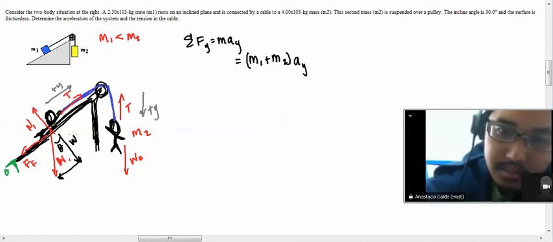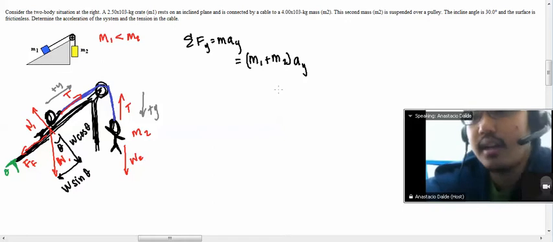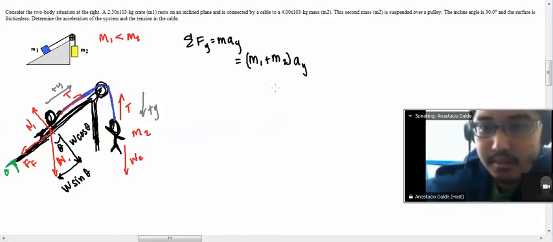Alright, so this would be weight cosine or sine? There we go. And this is weight sine theta, as obviously. Okay. Alright, now let's add up all the weights in the Y direction. What forces do you see in the Y direction?